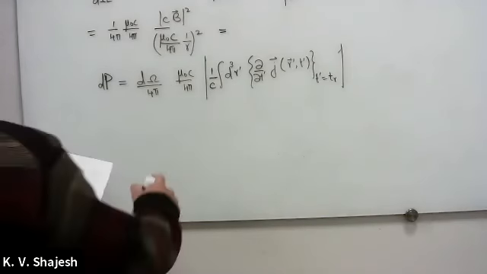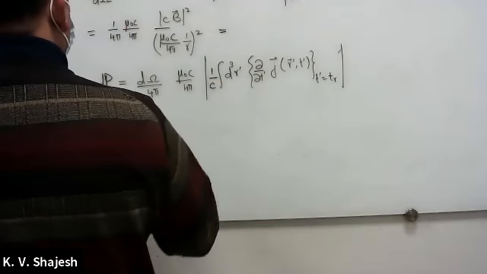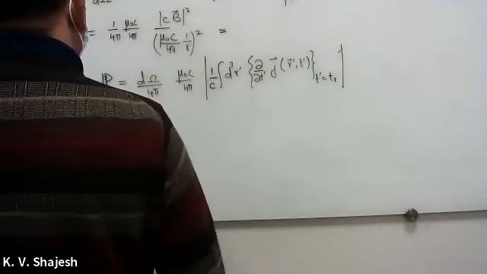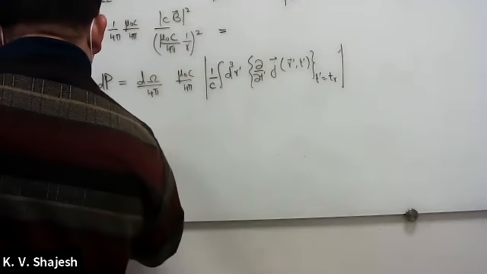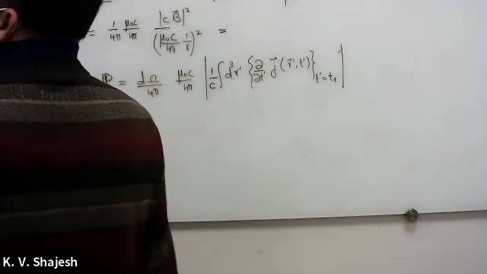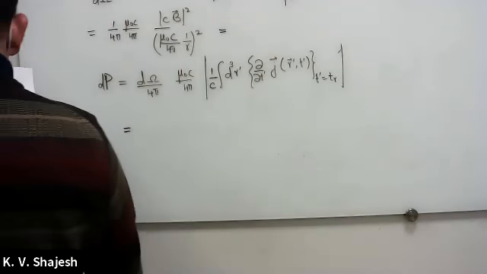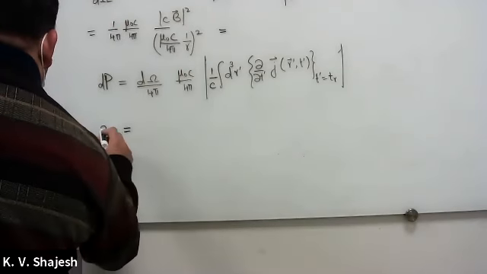Yes, so after you divide out the mu naught and c, what we are left with is the power dP over d omega.